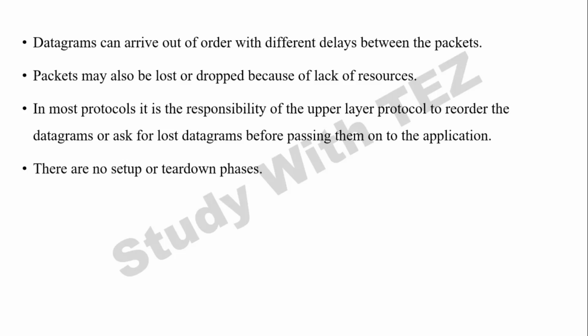In most common protocols, it is the responsibility of the upper layer protocol to reorder these datagrams or ask for the lost datagrams before passing them to the higher layer or the application. Here, there is no connection establishment or connection termination, that is, no setup or teardown phases. It is only the data transfer.